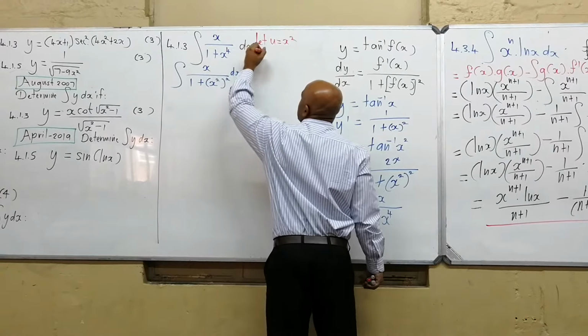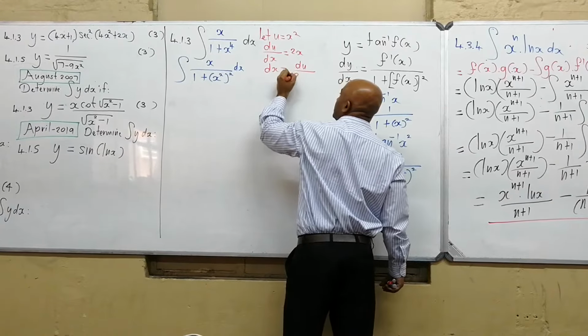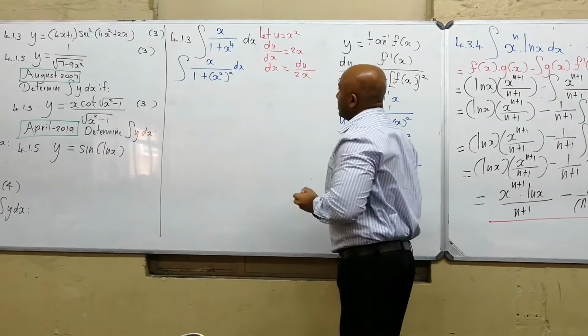So then du over dx, the derivative of x squared is 2x. So if I make dx the subject, dx is going to equal du divided by 2x. So let's see what happens now. I've got x on the top and then I've got 1 plus x squared. But x squared is u, so u squared.